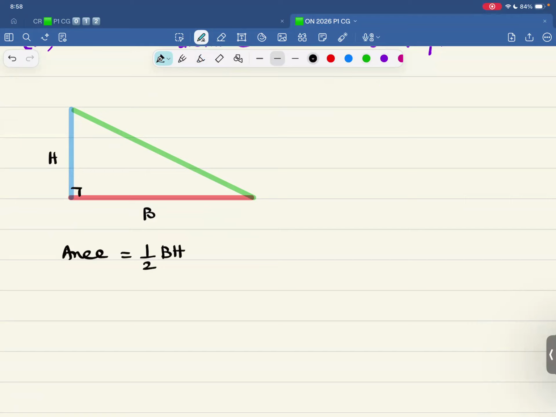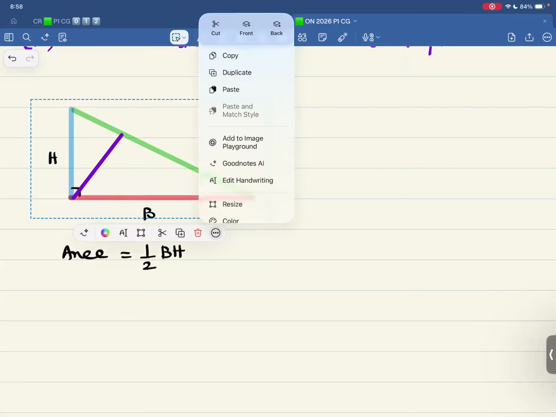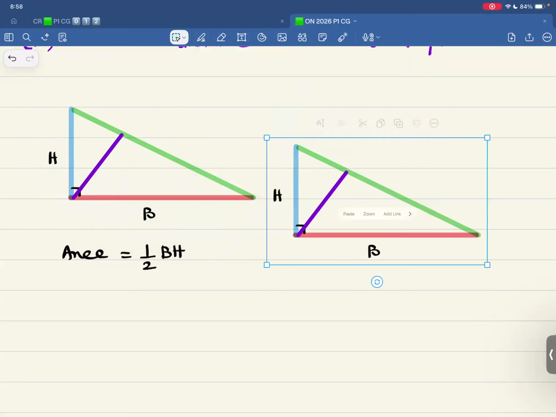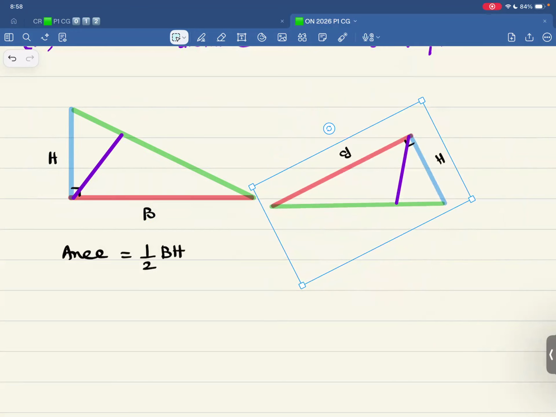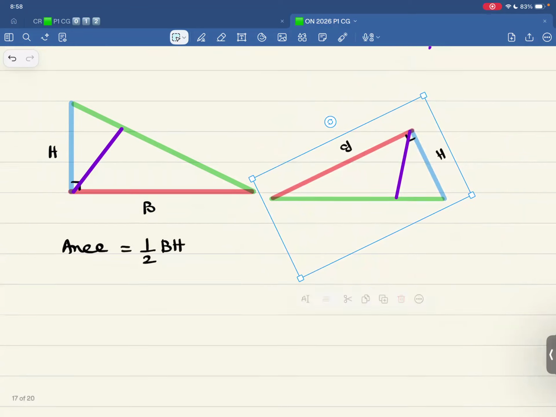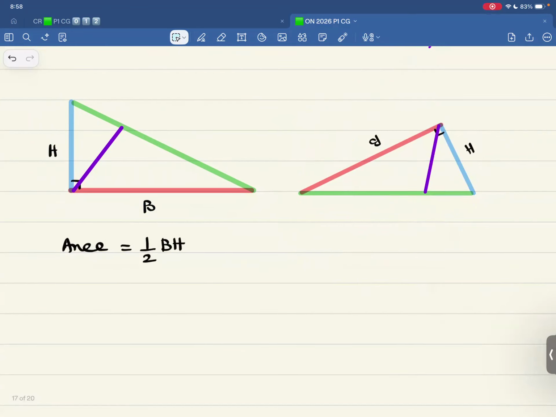Now, in the same triangle, let me draw a thick purple line like this. Let me copy this image, the whole thing. Let me paste it, and let me just rotate it like this. Okay. So now look at this. Let me remove this B over here.